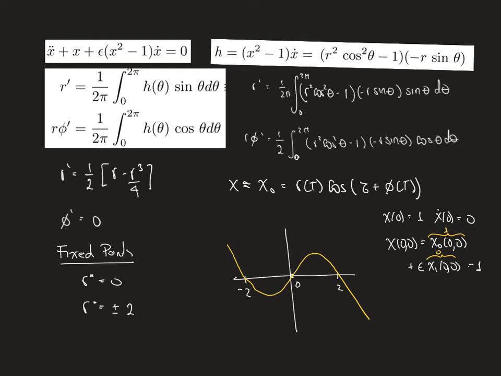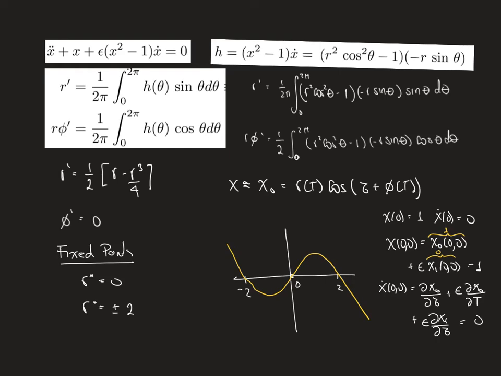And the second initial condition is then x dot of 0, 0, which is just the derivative of x0 with respect to tau plus epsilon the derivative of x0 with respect to t plus epsilon the derivative of x1 with respect to tau, and this is equal to 0.